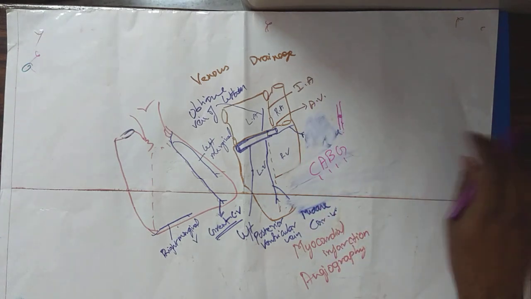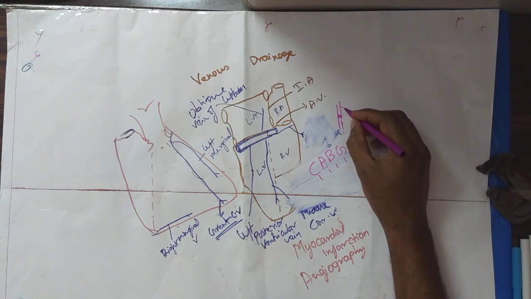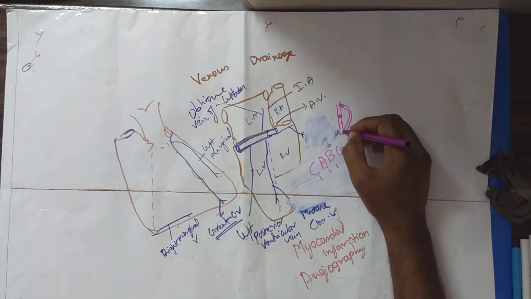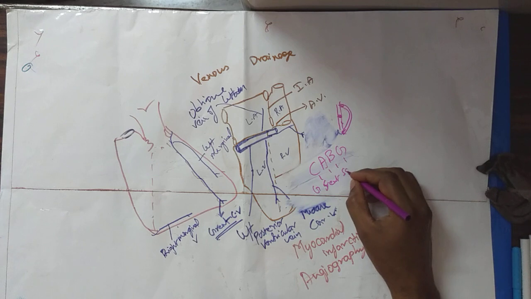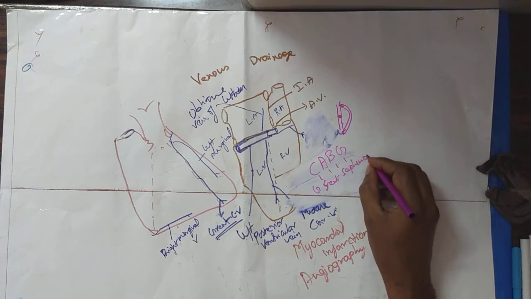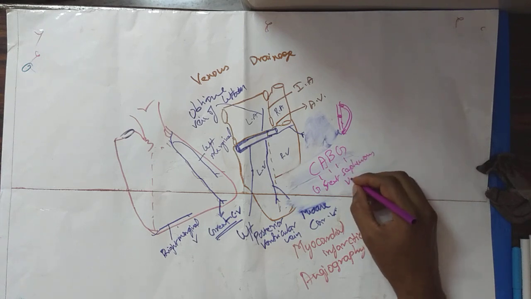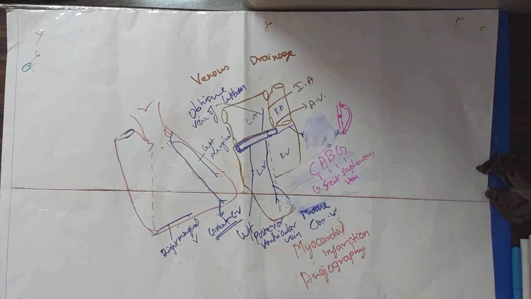So for that, they'll use a vessel to bypass this. This is what you call coronary artery bypass grafting. What are the vessels used during this bypass grafting? One is your great saphenous vein, and apart from that, you have different vessels like the internal thoracic artery and others.